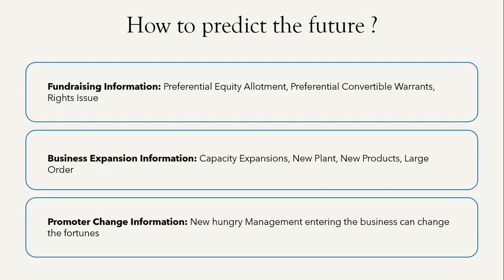Now, the third piece of information is management change. One question. If a very smart promoter, let's say Mukesh Ambani sir, is taking over or buying a company, is that a good thing or a bad thing for the company?